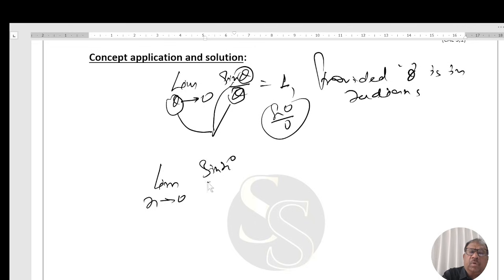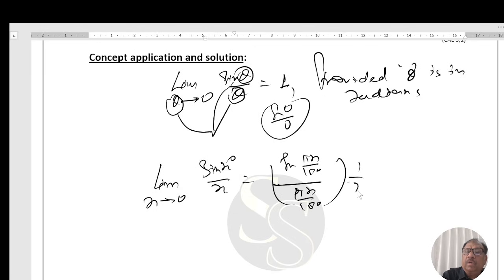sin x degree upon x, that is sin pi x by 180 upon pi x by 180 into 1 by x. Limit x tends to 0 means pi x by 180 tends to 0. Right?